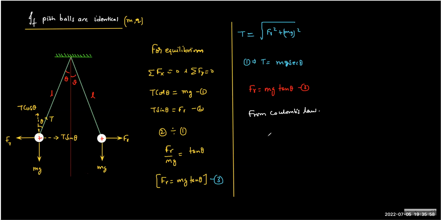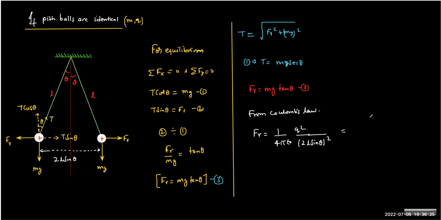You're getting the repulsion in terms of gravity, but you can also get the repulsion in terms of charge, which is 1 by 4 pi epsilon naught q square by r square. Now, what is the separation between these charges? Well, 2L sin theta. That's the right answer. Very good. So this becomes (2L sin theta) whole square.